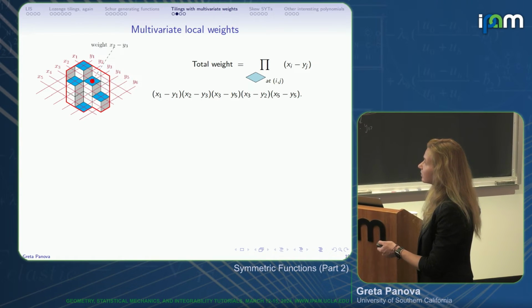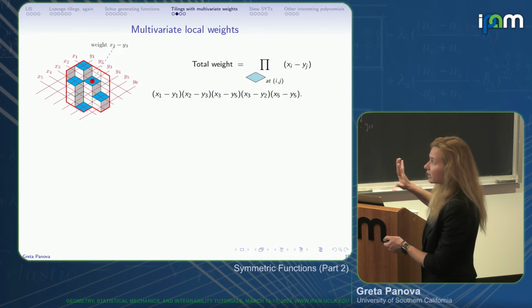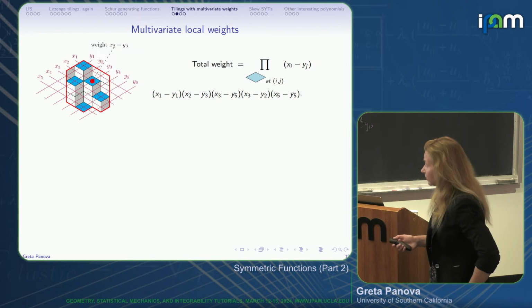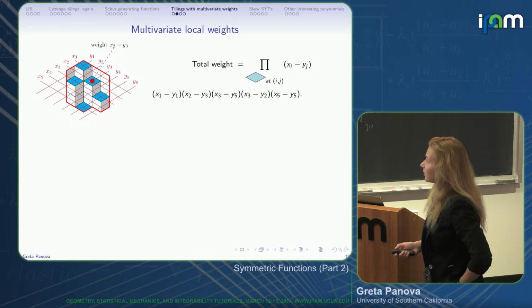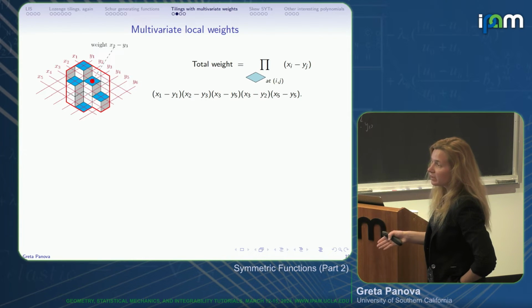For example, this guy here has weight x_2 minus y_3, and the total lozenge configuration has this weight. Everything else has weight 1. So we're going to do these local weights for the lozenges, which depend on where they are located.